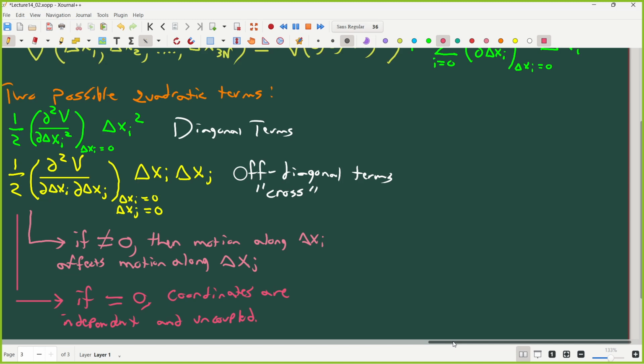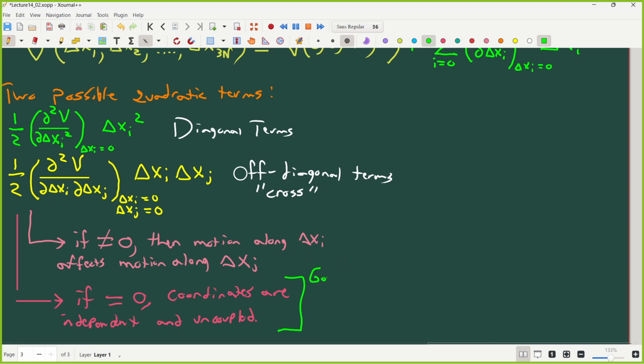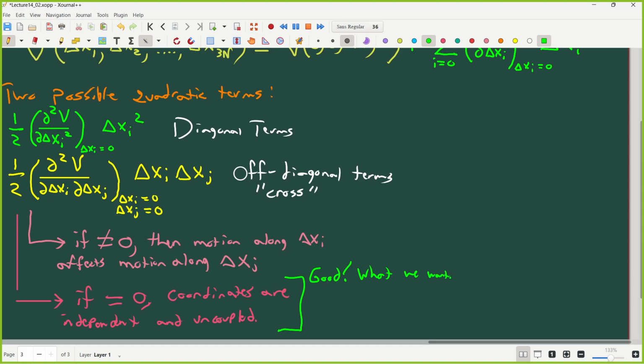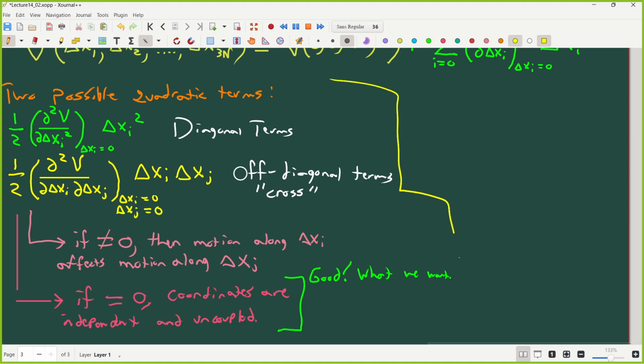So this is what we want: we want the cross terms to go away. And the question is what do these coordinates look like? How do we choose how to move atoms in such a way that we can move them independently without having to worry about these coupled motions?